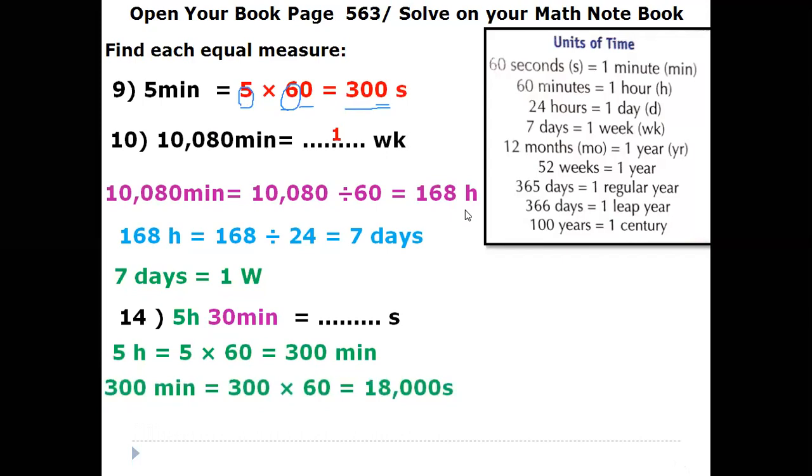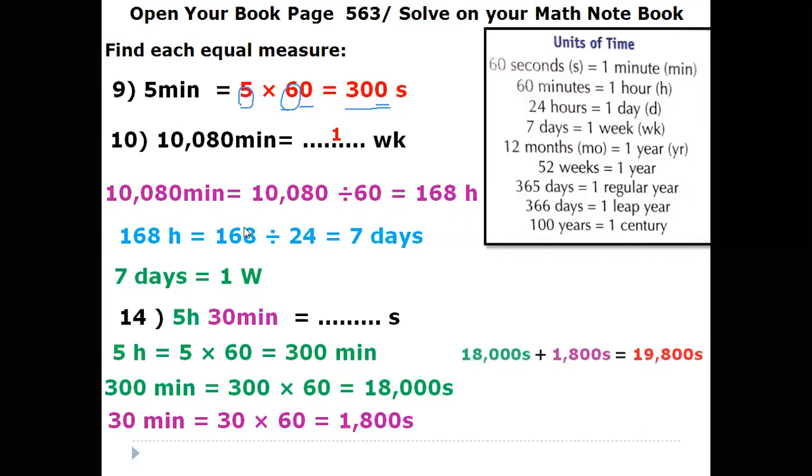Now change the hours to days. There are 24 hours in the day. So we divide by 24. We get 7 days. Now we change the 7 days into weeks. We know in the 7 days there is 1 week.